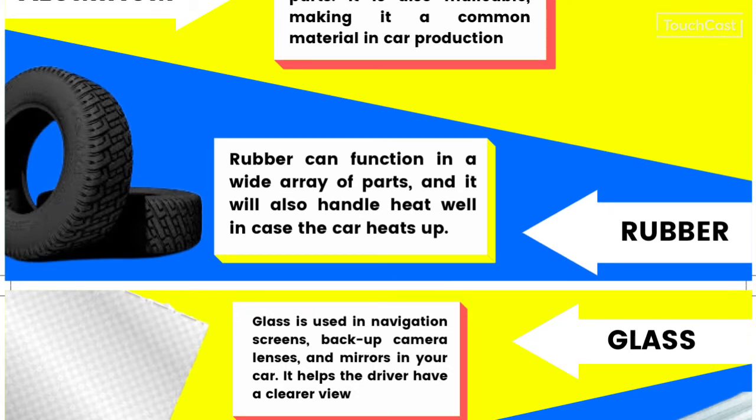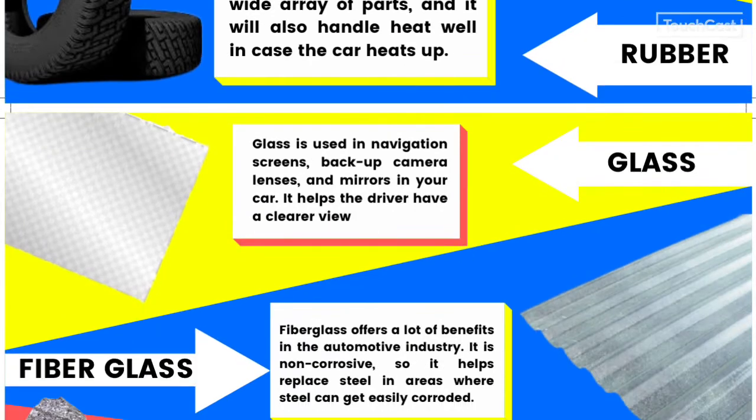Rubber can function in a wide array of parts, and it will also handle heat well in case the car heats up. Number 5, glass. Glass is used in navigation screens, backup camera lenses, and mirrors in your car. It helps the driver have a clearer view.